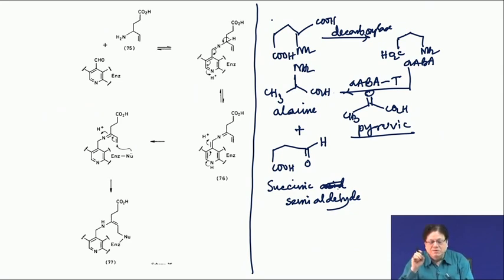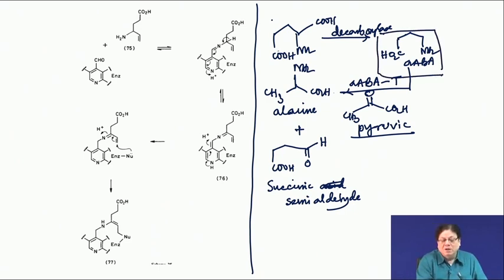Now, if there is a low concentration of GABA, you have two choices: either you add more glutamic acid, so that you get more concentration of GABA, or you can stop this GABA transaminase by using an inhibitor, so that GABA is not degraded rapidly into alanine and succinic semialdehyde.